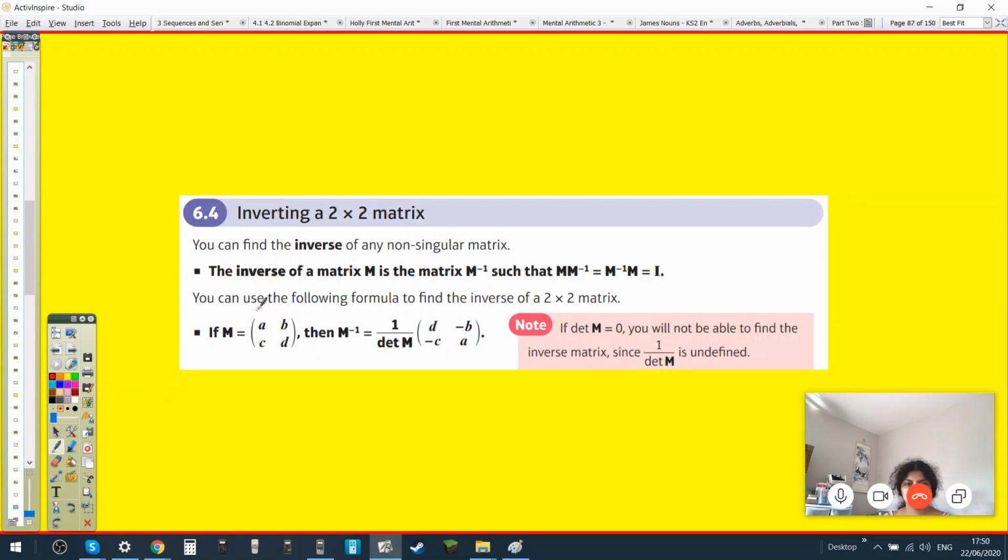If m is a, b, c, d, then the inverse of m is 1 over the determinant of m times the matrix where you swap the diagonals and swap the signs of the other two.